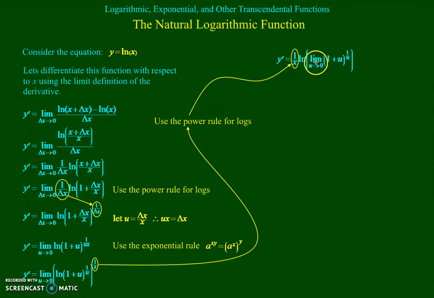What we did was we swapped the limit as u goes to 0 with the natural log. Here, the natural log was inside the limit, and here it's outside the limit.